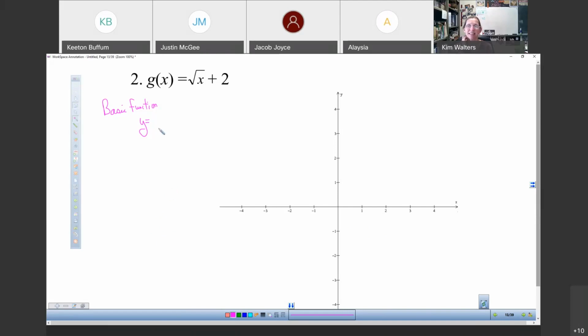Square root of x. Yes, perfect. So y is equal to the square root of x is my basic toolbox function. Now, privately in the chat, everybody tell me where it moves. And you have to have the up or down part too. Yep, so far so good.